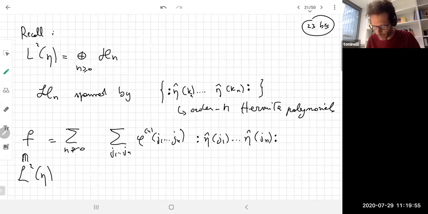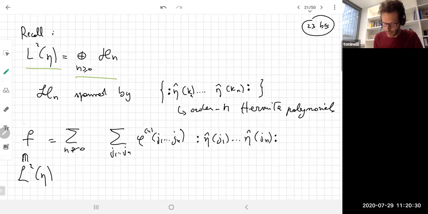Well, first I wanted, just for those who maybe forgot, to recall this chaos decomposition. So the fact is that L2 of eta can be written as an orthogonal decomposition of these Hn, and each Hn is spanned by the so-called Hermite polynomials of order n, which I denote with this notation of Wick products, eta k1 up to eta kn with these double dots. It just means that this thing has been made orthogonal to all the chaoses of lower order.